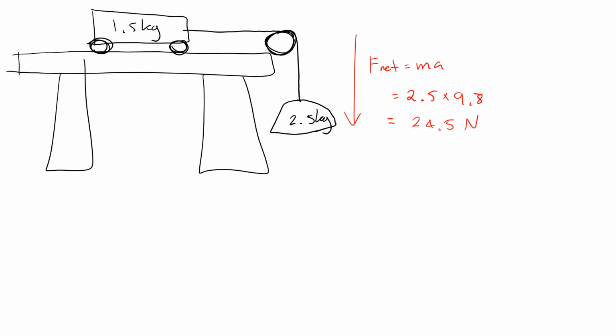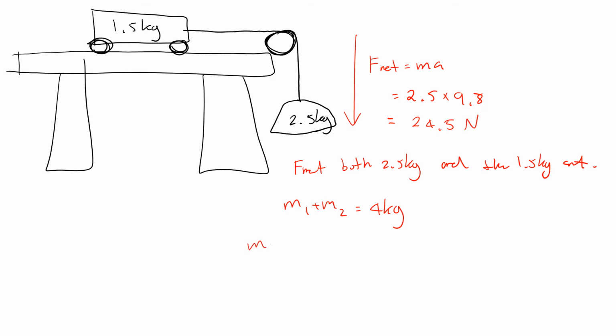So now we're going to find the acceleration of the cart. The net force has to accelerate both the 2.5 kilogram weight and the 1.5 kilogram cart. Since it's accelerating both of them, we need to add their masses. So mass 1 plus mass 2 is equal to 4 kilograms.